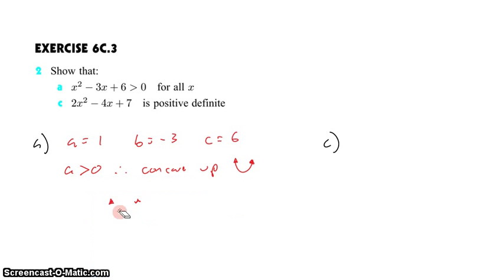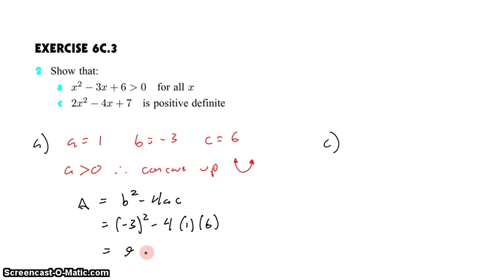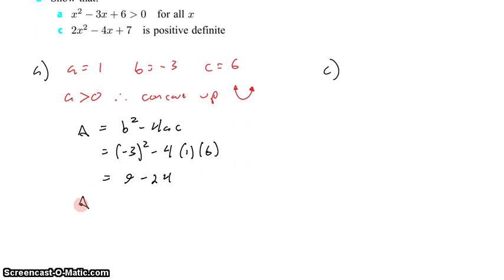So what I want to show is that there are no real roots to this quadratic, and I'll do that using the discriminant. The discriminant is equal to b squared minus 4ac. So that'll be -3 squared minus 4ac. That's 9 take 24, which means that the discriminant is going to be negative.